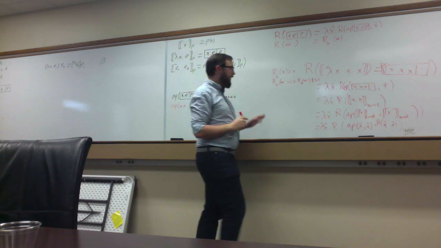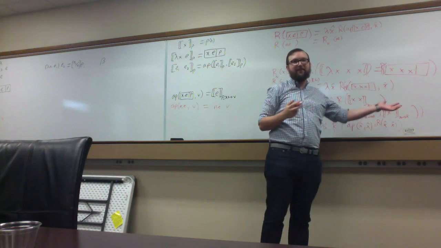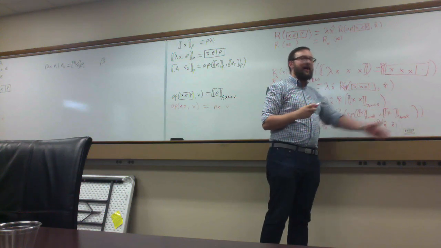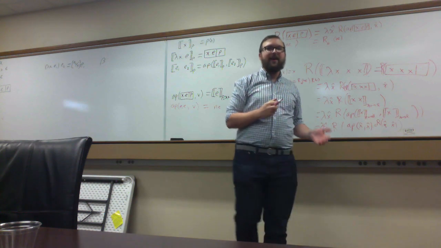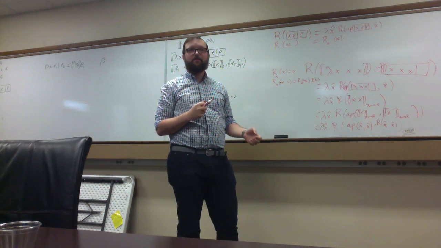And now we know how to read this back, and it's going to read back to x of x, x hat of x hat, and so we end up with lambda x hat of x hat.